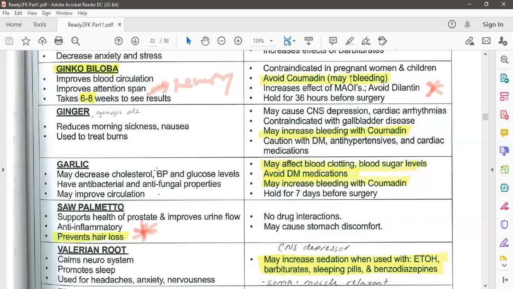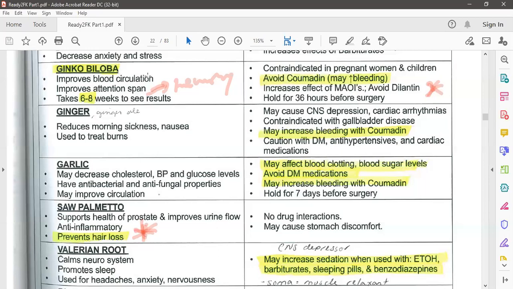Also use with caution with patients with diabetes mellitus, antihypertensive, and cardiac medication. If I make it short, Ginkgo biloba increases the effect of monoamine oxidase inhibitor, or avoid. It is good to avoid if your patient takes dilantin and Ginkgo biloba, not to give together.